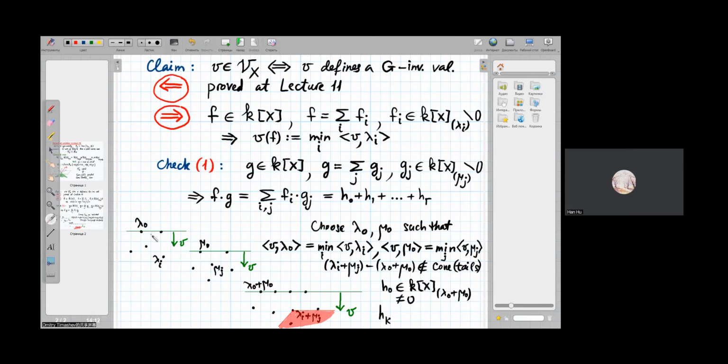And this product, the product of these two non-zero functions, has a non-zero projection to the irreducible submodule corresponding to the sum of highest weights, to this guy. This we discussed on the previous lecture. I think the previous lecture requires that the product of f naught and g naught is non-zero. This is true because f naught and g naught are themselves non-zero projections of f and g to irreducible summands.